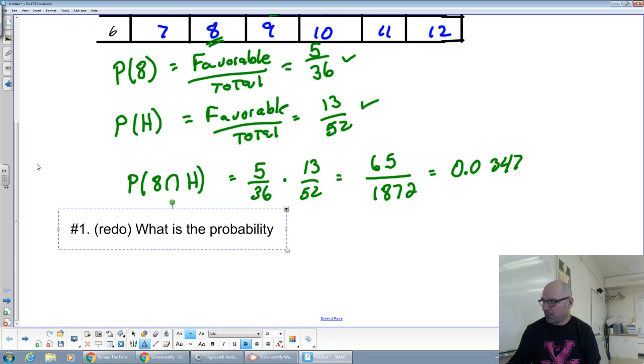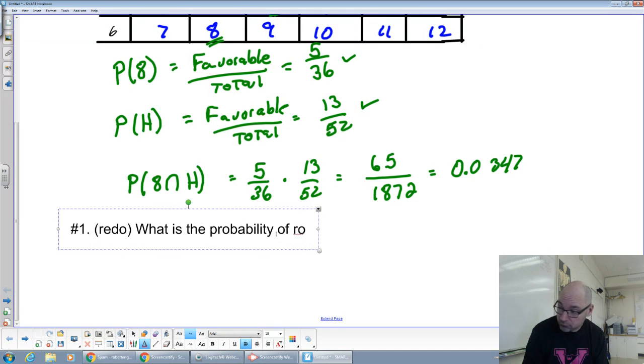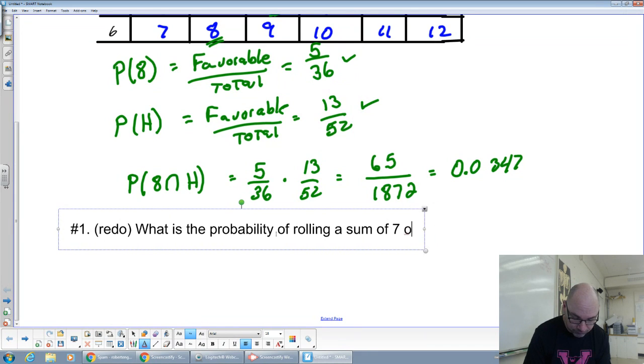Okay, so what is the probability of rolling a 7, a sum of 7, on two 6-sided die?